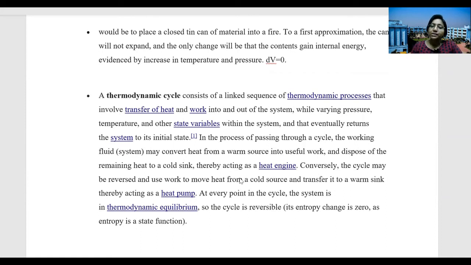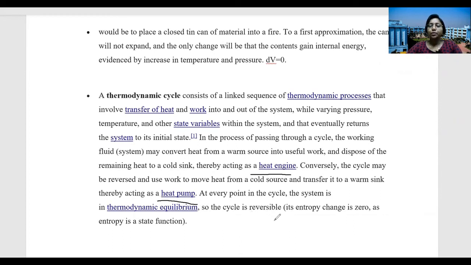Conversely, the cycle may be reversed and use work to move heat from a cold source and transfer it to a warm sink. That is called a heat pump. So we use the heat engine, and we use the heat pump.